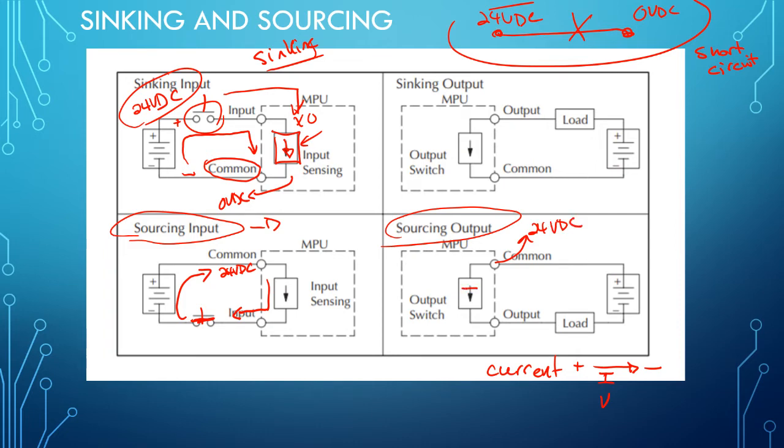And just imagine there's a little contact here, that when the logic tells this to turn on, the program turns on, this closes, and it provides voltage to the load.